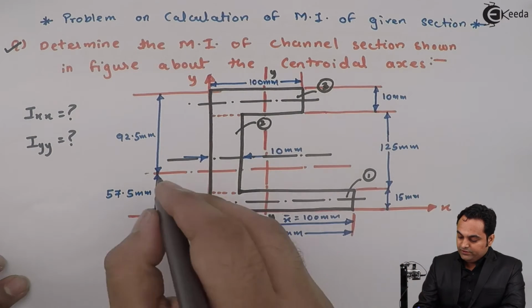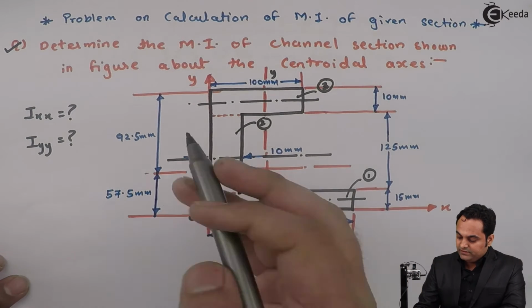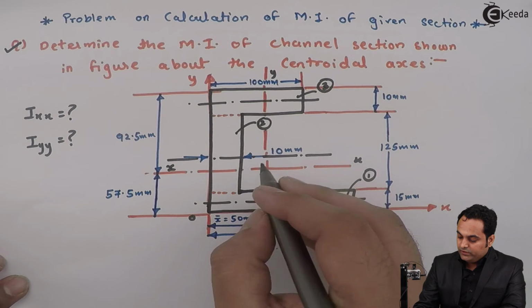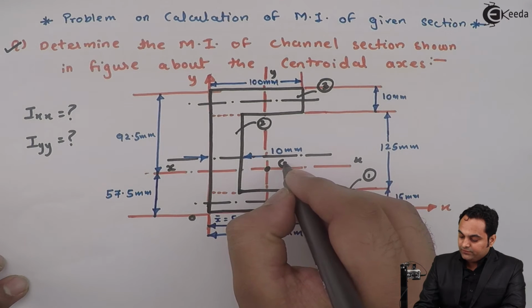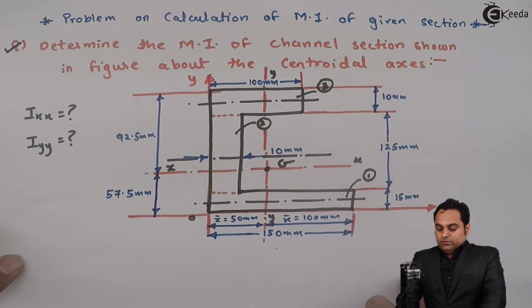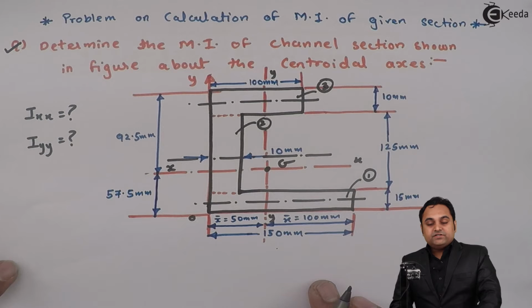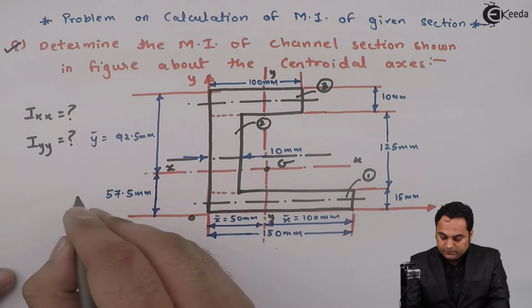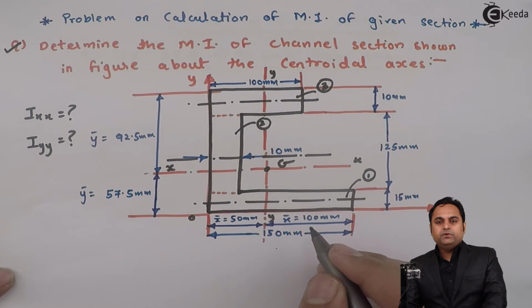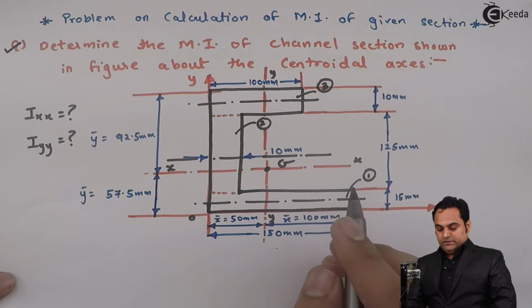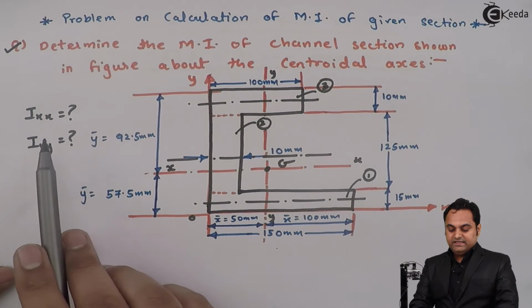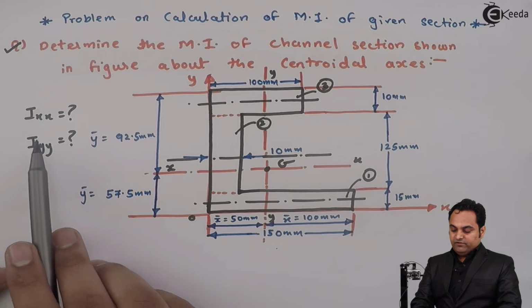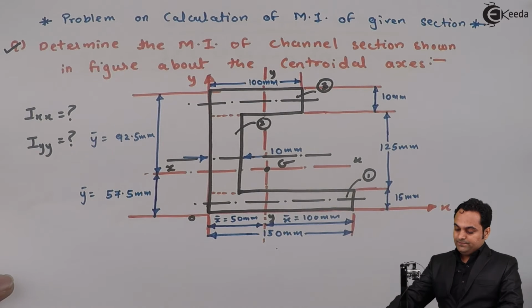Once we have located the x-axis and the y-axis, wherever they intersect gives us the centroid. Now that we have located the centroid, we can start with the calculation of moment of inertia. Here there are two quantities, Ixx and Iyy, which we have to find out. We'll start with Ixx.